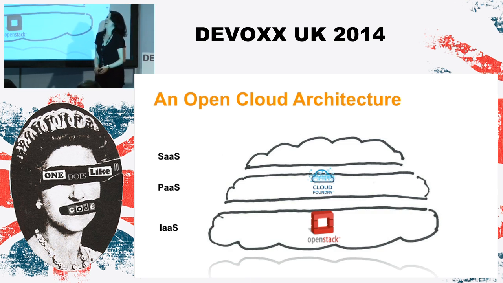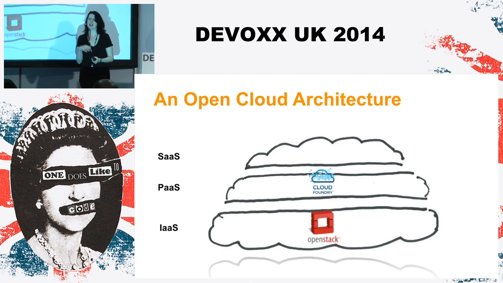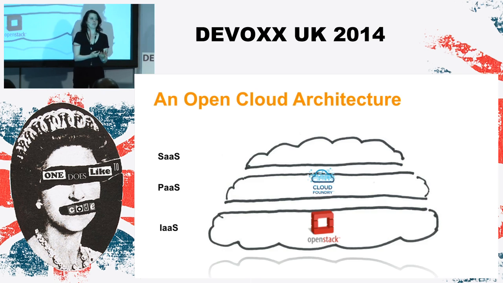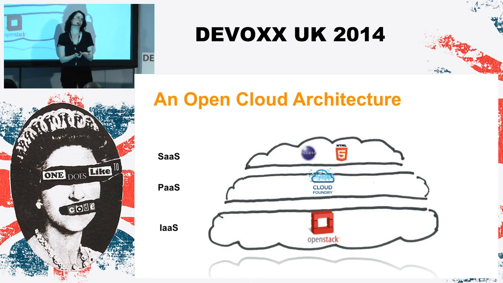At the SaaS layer, again, when I first looked at this slide, I thought, well, openness doesn't make so much sense for SaaS, because SaaS is the top of the stack. That's where the proprietary value add is. But actually, the proprietary value add still has to be delivered to you by some mechanism, and that mechanism has to be open. So a lot of the SaaS apps come to you by the web, and so they're relying on something like HTML5 in order to give you a good user experience.